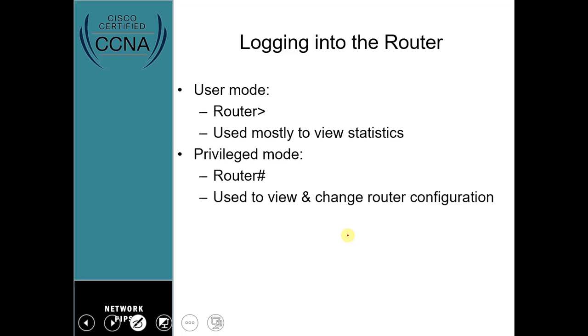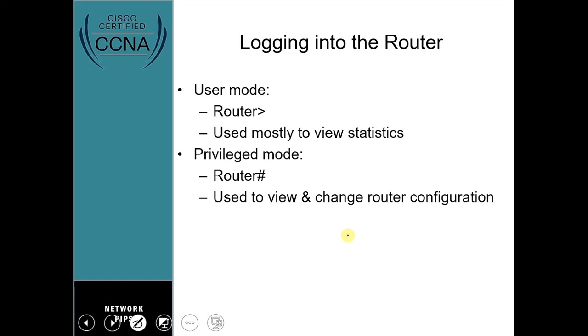That's how Cisco grades it: privilege level means what level of access you can perform on this device. In Cisco, the user mode is graded 1, so it's the lowest mode on the Cisco device.